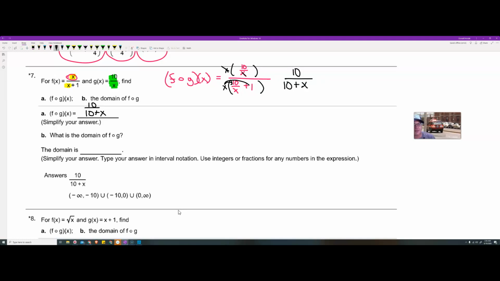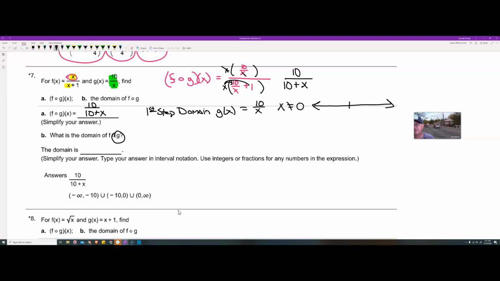Now I do the domain. I first think about what's the domain of g. That's 10 over x, so x cannot equal 0. It can be anything but 0, so anything to the left, anything to the right.